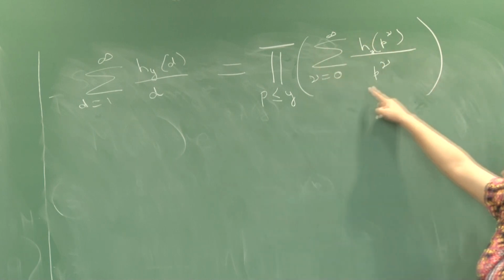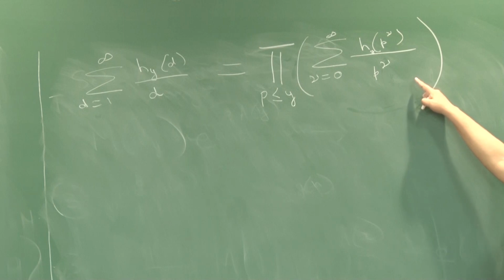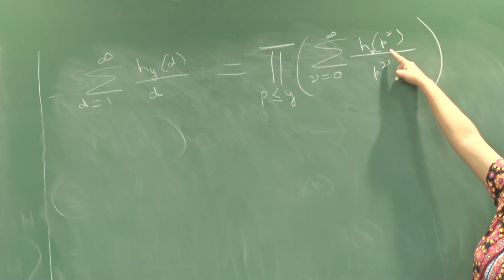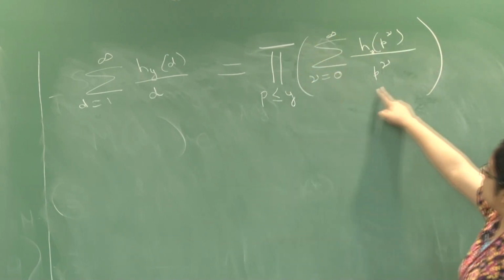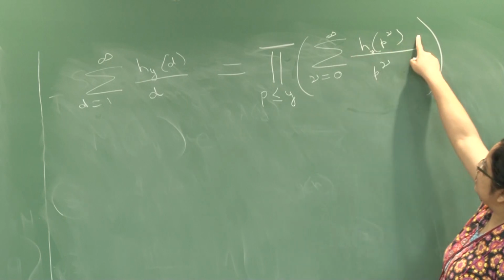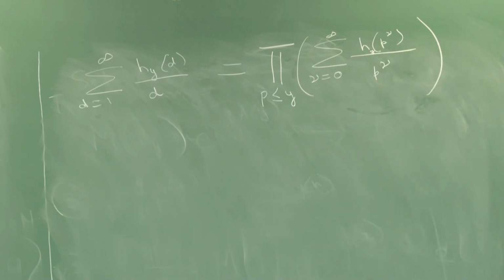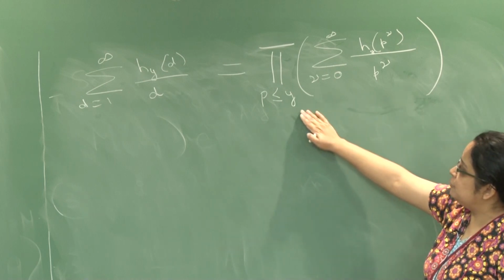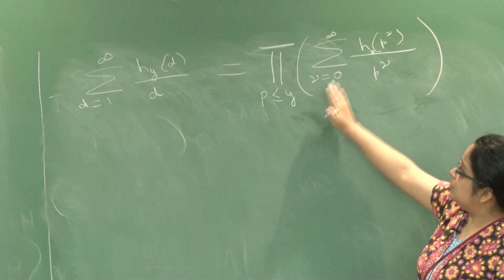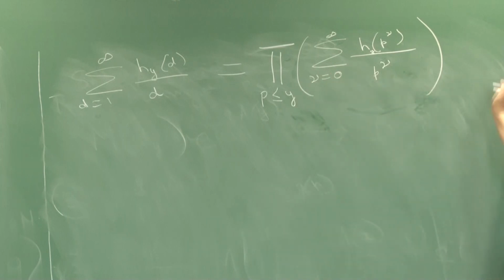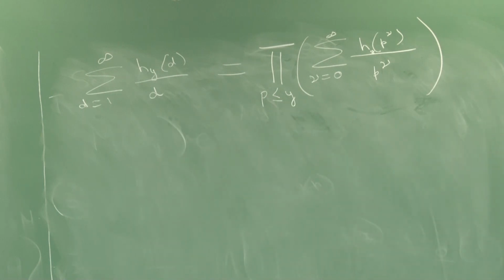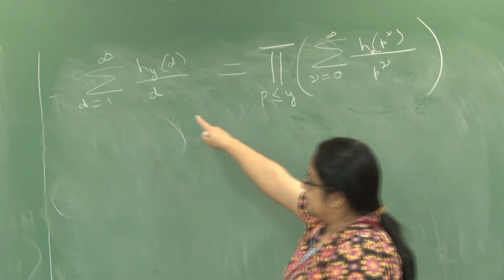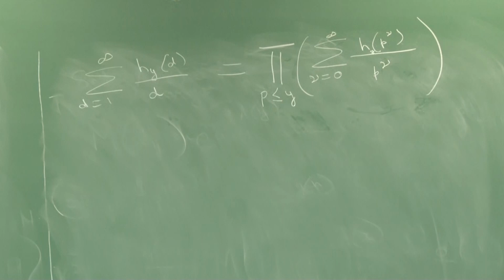So, each of these sums converges absolutely, since these are bounded above by some absolute constants, and therefore their products, you have products over a finite set of primes. So the product also converges absolutely, therefore the corresponding sum also converges absolutely, and therefore this Euler product is valid in this case. So, if you want to study this sum, you just study the corresponding Euler product.